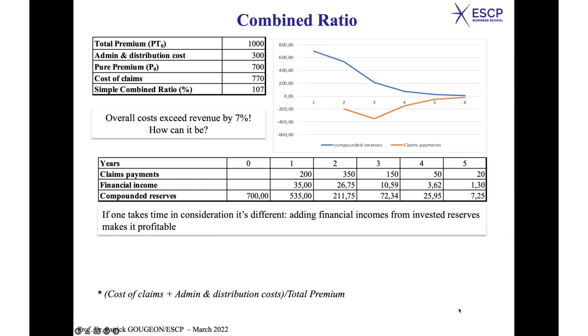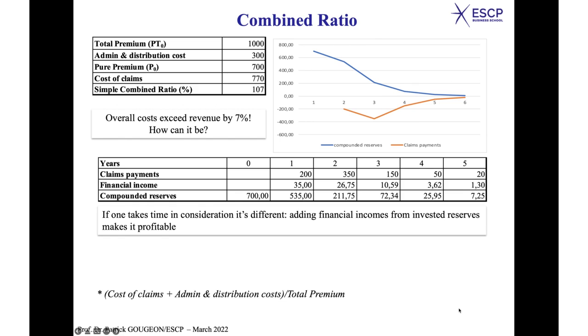But you also have a financial income, which is due to the fact that the 700 have been invested. Let's assume 5% as before. So it has generated a financial income of 35, which means that the reserves available at the end of year 1 is 700, which we had before, minus 200 that has to be paid out, plus the financial income that has been generated by the investment of the reserve.